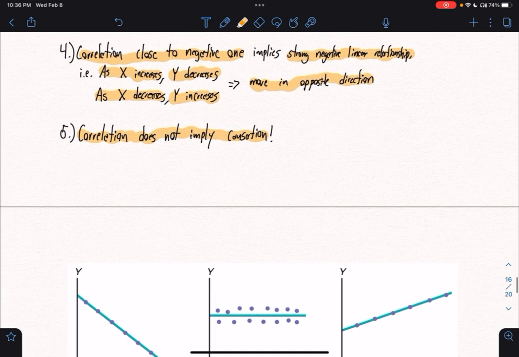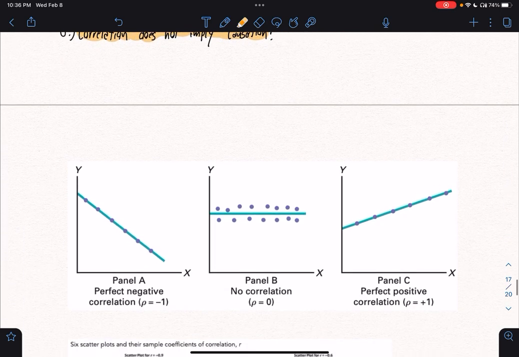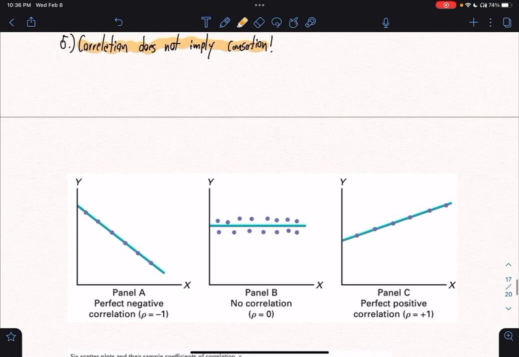So let's visualize what we're talking about here. We've got three plots. On the left, this first plot, we're seeing a perfect negative linear relationship.